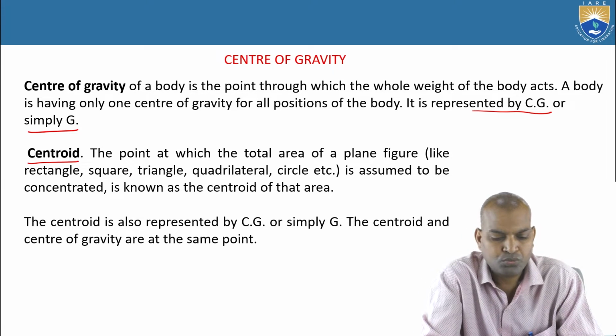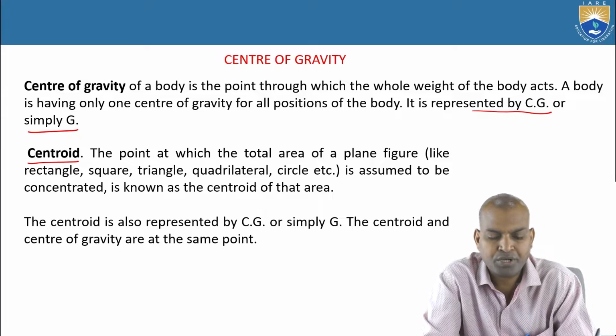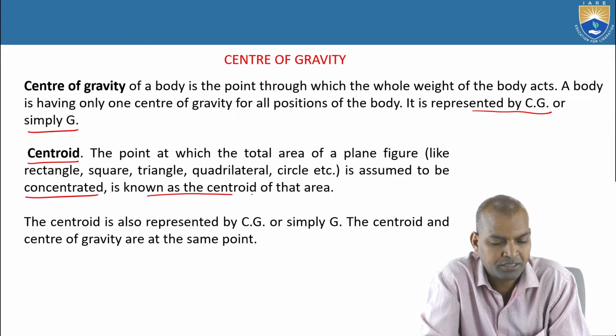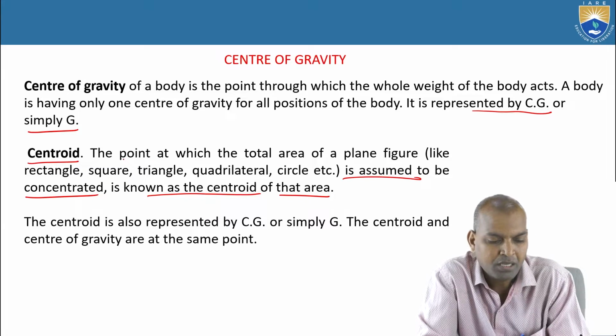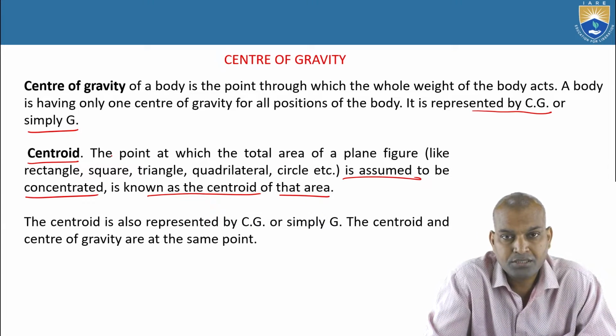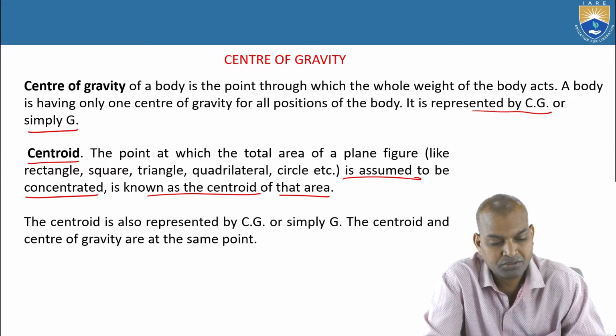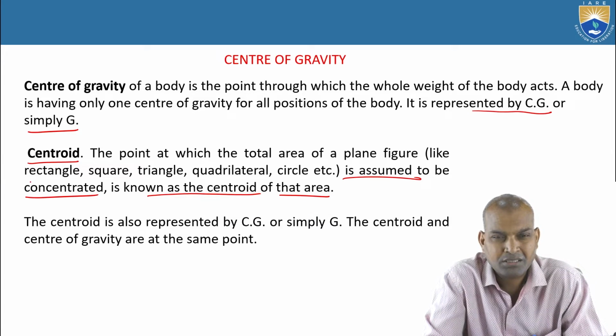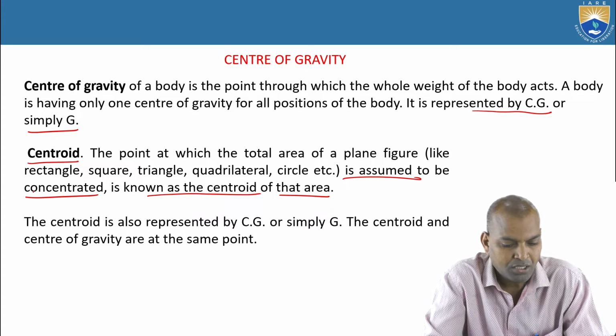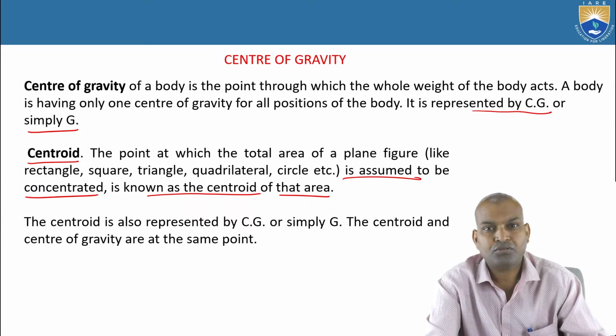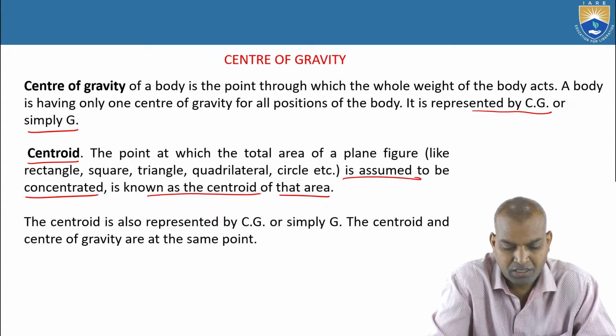We assume that the point at which the total area of the plane figure is concentrated is known as the centroid of that area. The centroid is related to plane figures such as rectangle, triangle, square, quadrilateral, circle, etc. The centroid is also represented by CG or simply G.